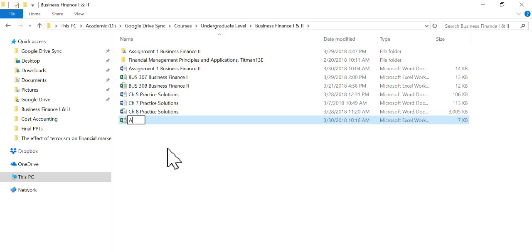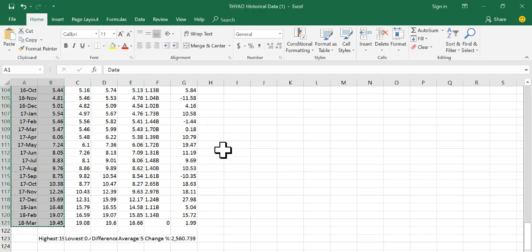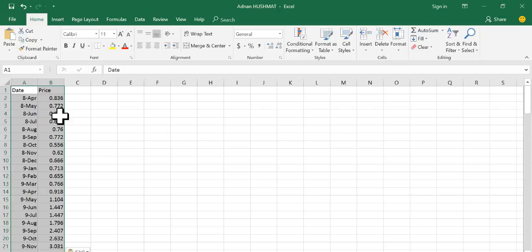I am going to rename it with my name, Adnan. I open this file. Okay, let me open it. So yes, we have it here. I'm going to just paste it here. You can just press this button, paste, and it will come here, right?